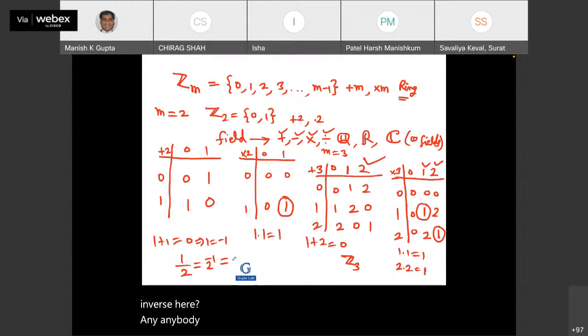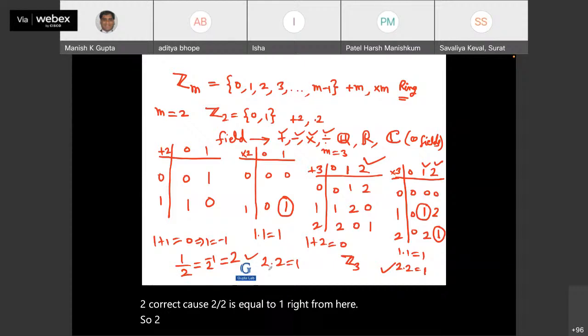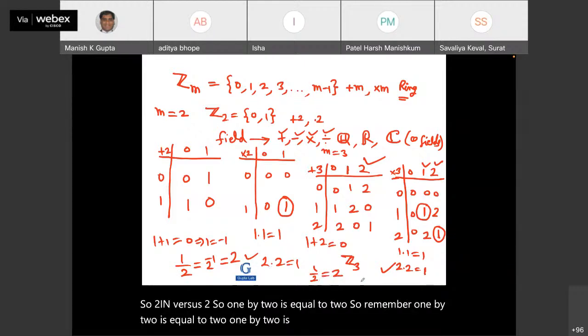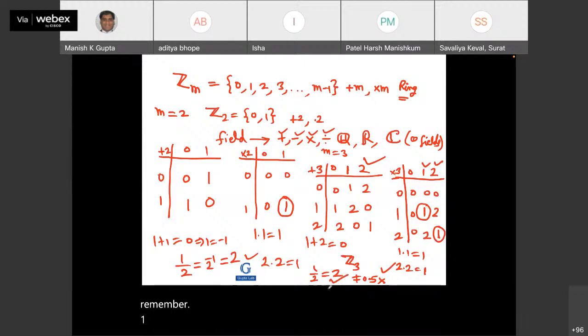Anybody can unmute and answer. 2, correct, because 2 into 2 is equal to 1, right, from here. So 2 inverse is 2. So 1 by 2 is equal to 2. You remember, 1 by 2 is not equal to 0.5 as you think, right? This is something that you need to remember. 1 by 2 is equal to 2, right?